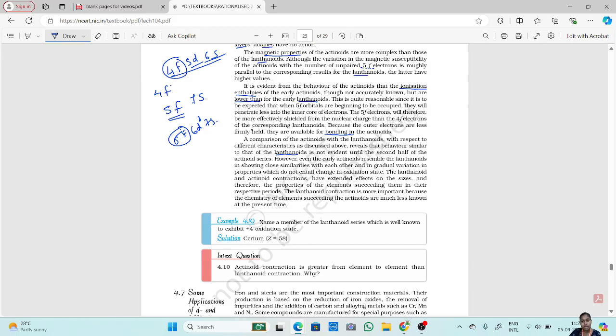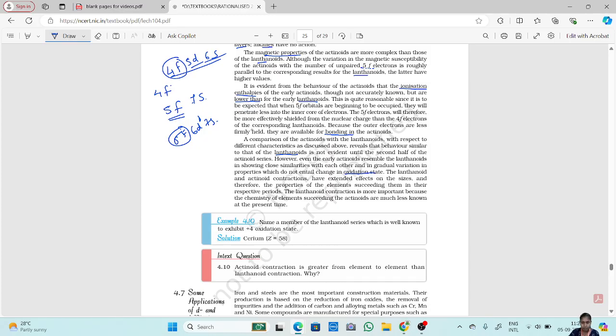Even the early actinoids resemble the lanthanoids in showing close similarities with each other and in gradual variation in properties which do not entail change in the oxidation state. The lanthanoids are similar to the first half of the actinoids. There you can see some similarities, with a gradual variation in properties, but not in oxidation state.